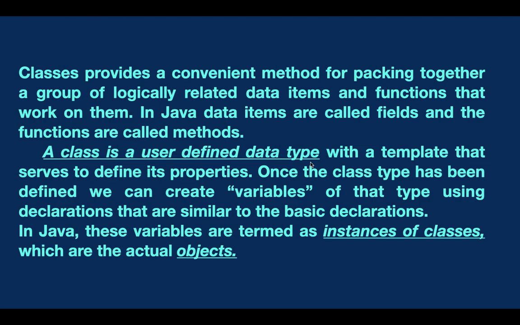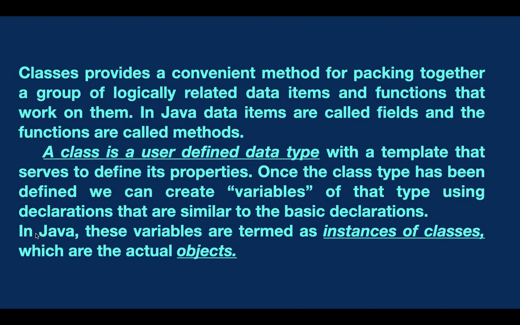Now, a class is a user defined data type with a template that serves to define its properties. Once the class type has been defined, we can create variables of this class type, because a class is a data type, using a declaration that is similar to the basic declaration. Similarly, the way we declare a method or a variable, on the same line we declare and define any class type variable, and these class type variables are also called objects.